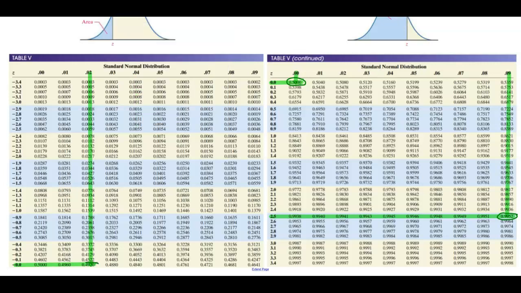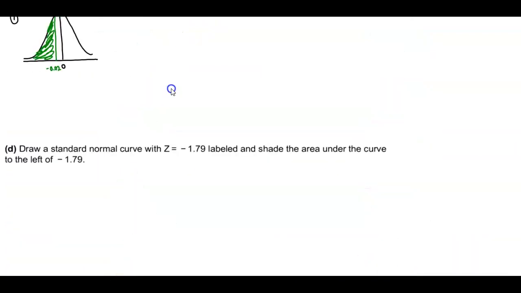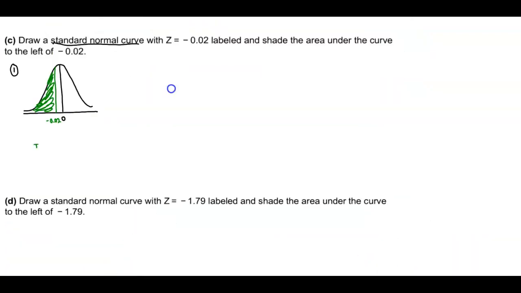So the shaded area here is 0.4920. So the shaded area is 0.4920.